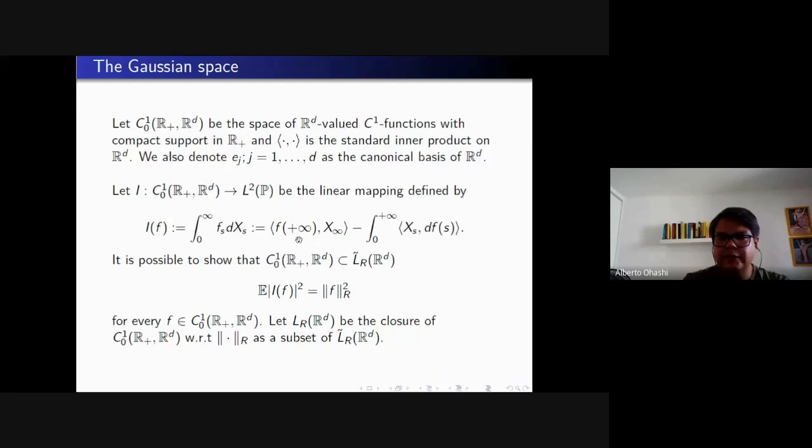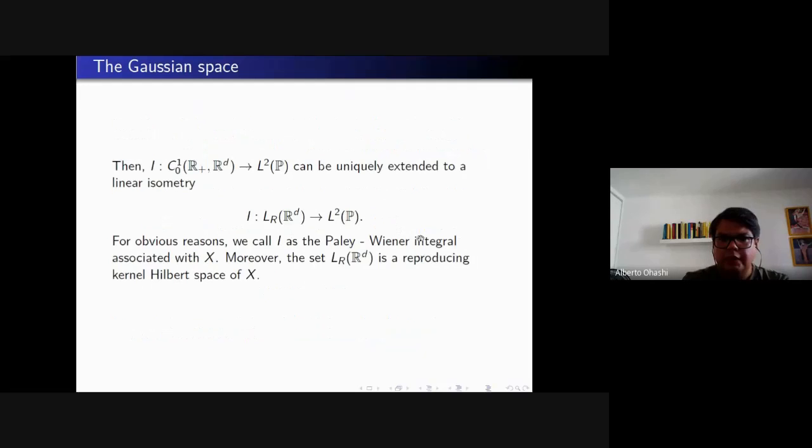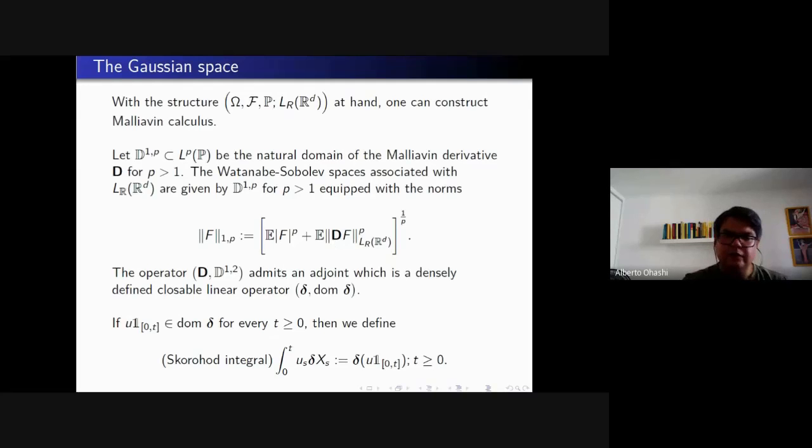Okay, so in this case, you can do this kind of change of variables. And then, for obvious reasons, I is for us a Paley-Wiener integral, and L_R is the reproducing kernel Hilbert space in this Malliavin calculus framework. Okay, so then you can always consider the Sobolev space, the Watanabe-Sobolev space in the sense of Malliavin calculus.